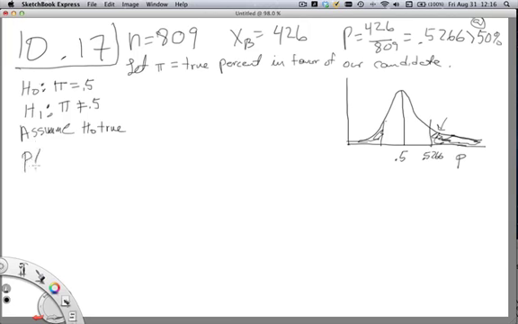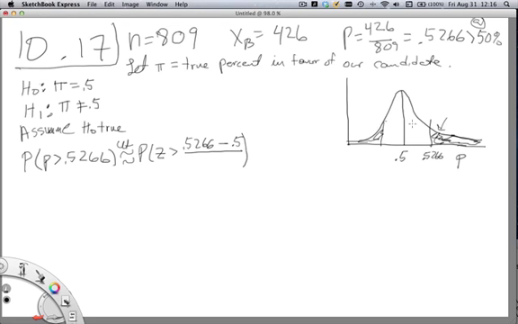So what is the probability of observing a p greater than 0.5266? Well, it's going to be approximately equal, using the CLT, of us observing a z greater than 0.5266 minus the mean, divided by the standard deviation of this distribution.